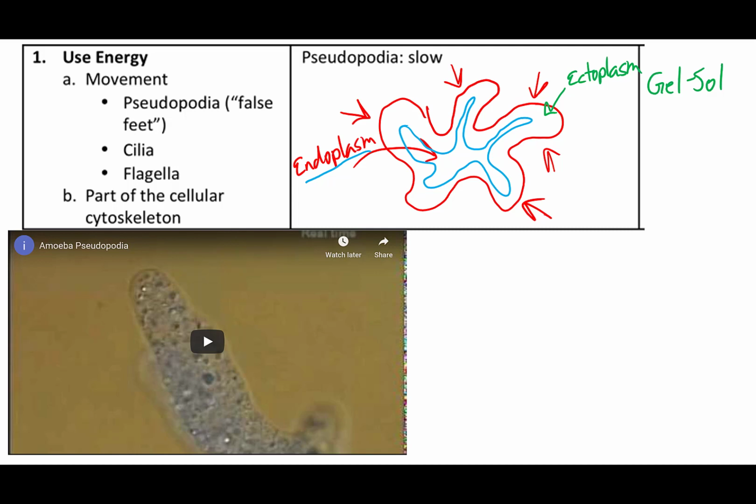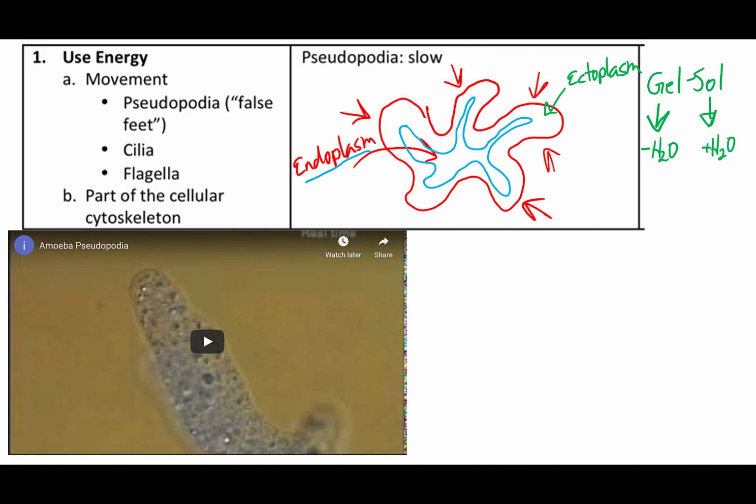So a gel is going to have less water, and the soluble one will have more water. So it's a way of changing the percentage of water in the two areas to get it to be more soluble and flow more, to get that cytoplasm to move into that pseudopod.